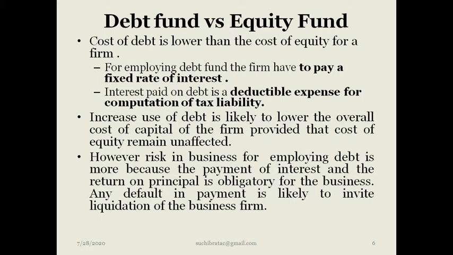Dissolve means their existence will be threatened. Why will the existence be threatened? Because they are not able to pay the debt, and therefore they may have to sell their properties and their assets, and from those amounts they repay the debt. So the business firm is going towards liquidation, or what we are saying is dissolution.